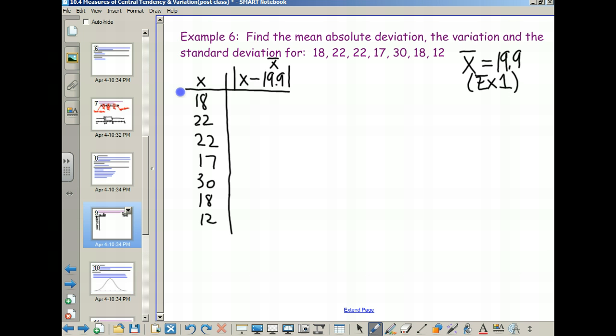So what's the distance between 18 and 19.9? 1.9. What's the distance between 22 and 19.9? Just subtraction. Take the number and subtract. 22 and 19.9. It's 2.1. What's the difference between 17 and 19.9?